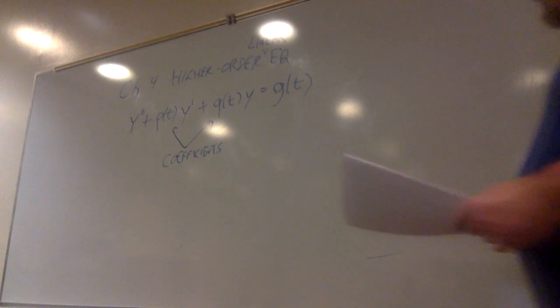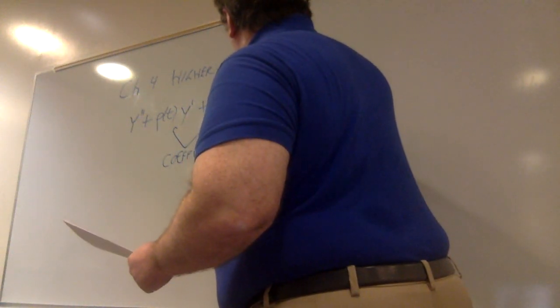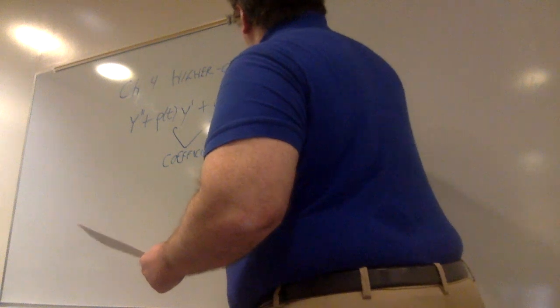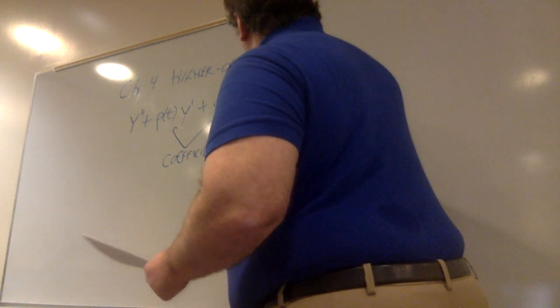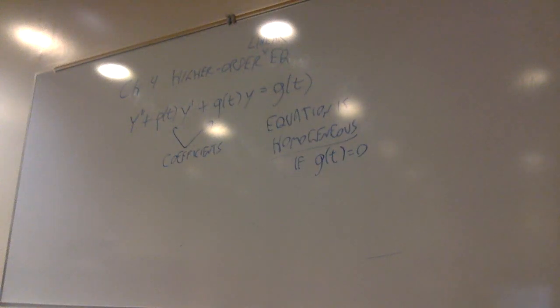Now, here's an unfortunate choice of jargon that you need to be aware of. This equation is said to be homogeneous if g of t is equal to 0. It is not related to the homogeneous that we saw before.